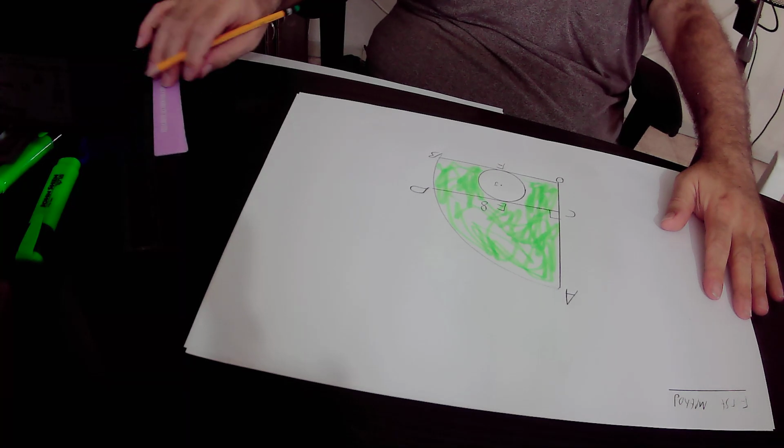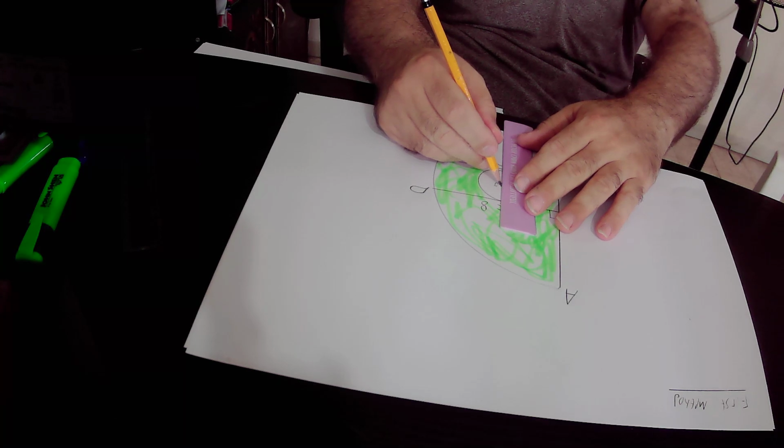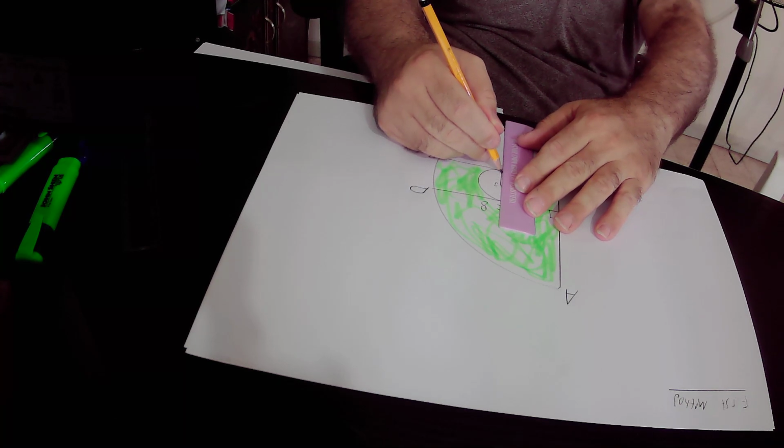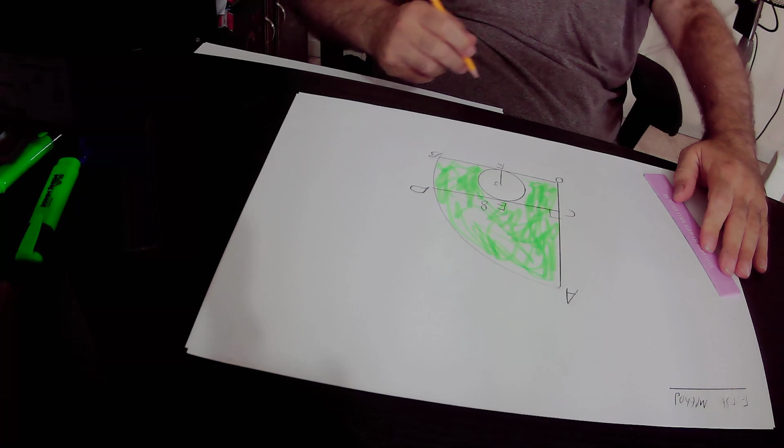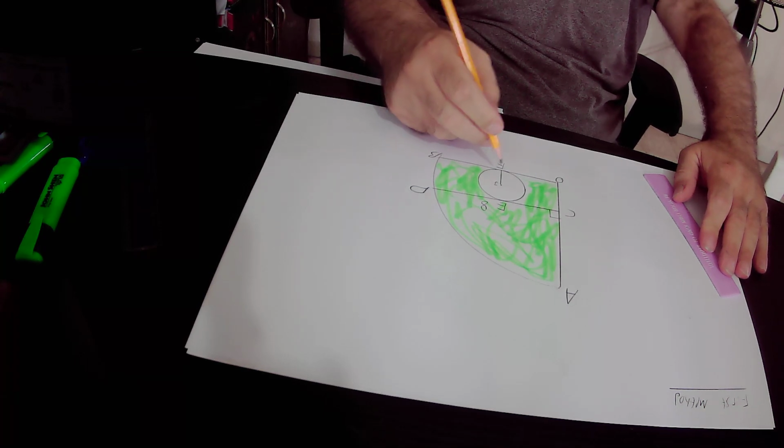We will join points J and F together by a straight line. Point J is the center of the small circle. Point F is a point on the circle itself.